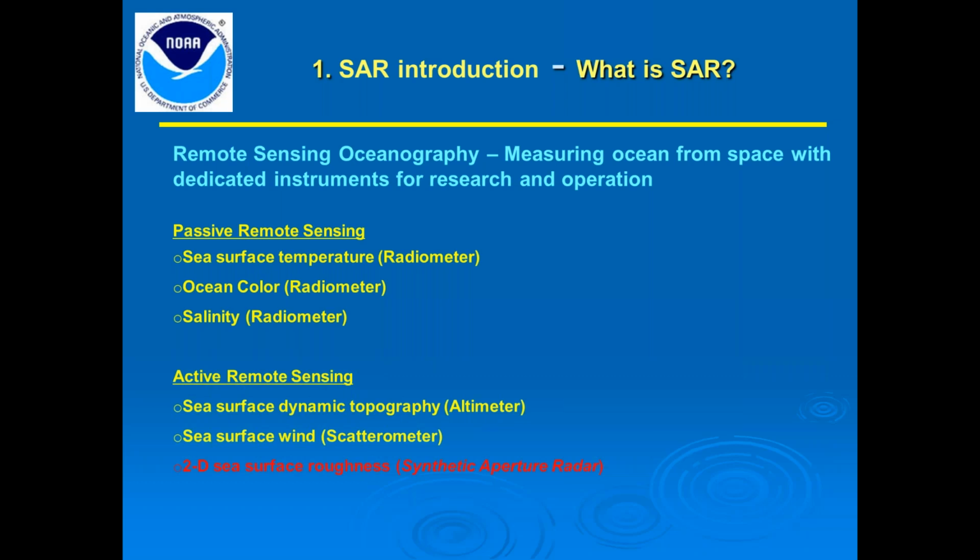For active remote sensing, we have an altimeter to measure the dynamic topography. You have the scatterometer to measure ocean surface wind. And then comes our instrument, the synthetic aperture radar, which really observes the 2-dimensional sea surface roughness at a very, very high spatial resolution.